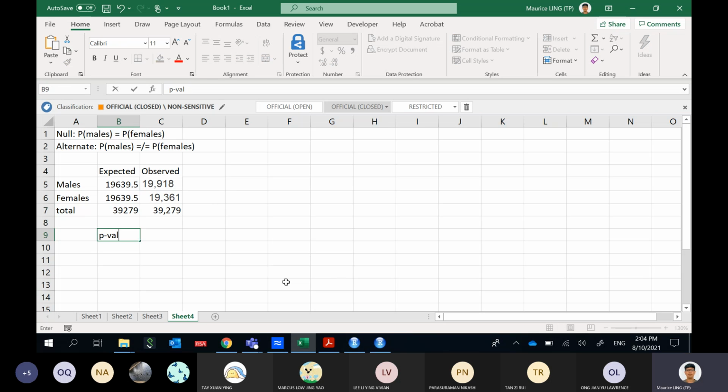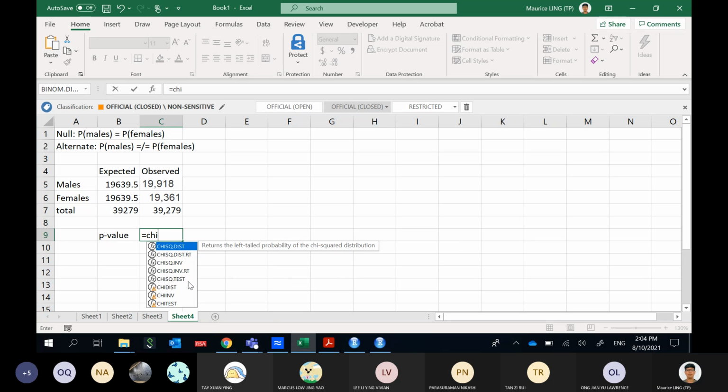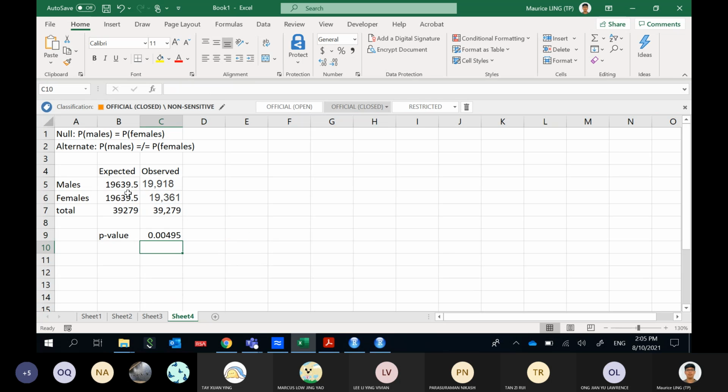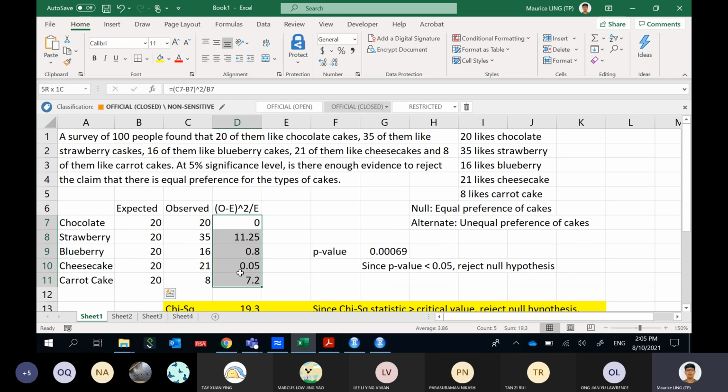So let's do our chi-square test. Before I do a chi-square test, do you think you accept or reject the null hypothesis? Reject, yes. On Excel you will not do this step, but on paper you actually do this step.